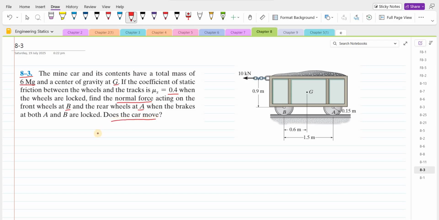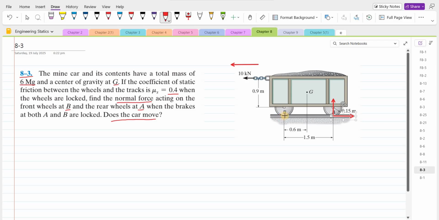To solve this problem, first of all we have to draw the free body diagram. At point A we have a normal force and we also have a frictional force. Since this 10 kilonewton external force is pulling to the left, the frictional force would be towards the right to oppose the relative motion.